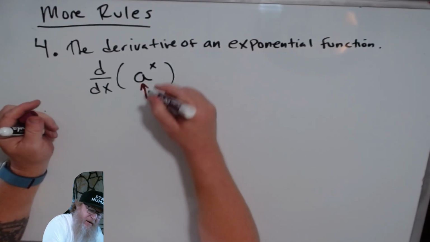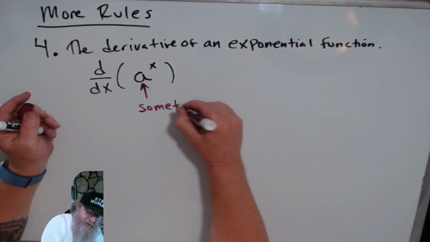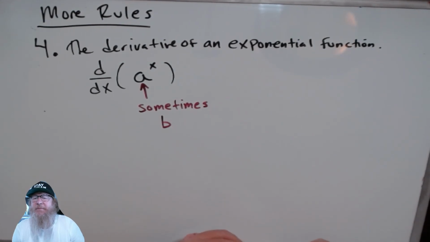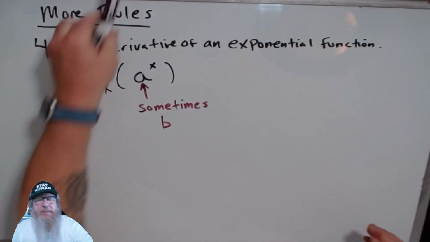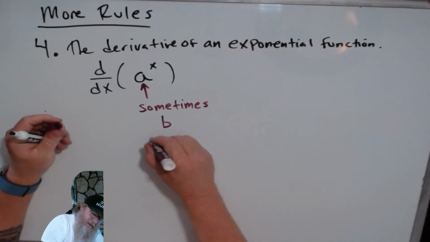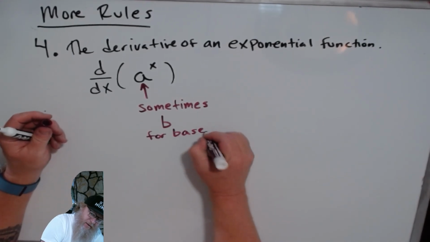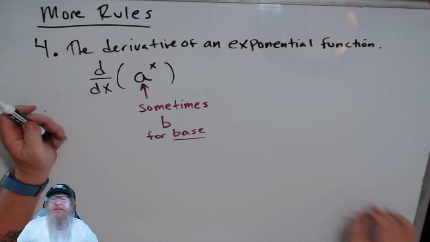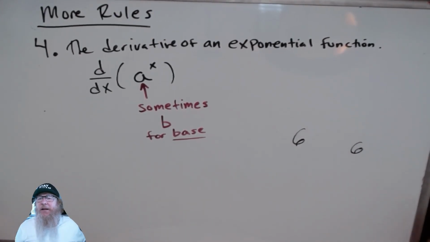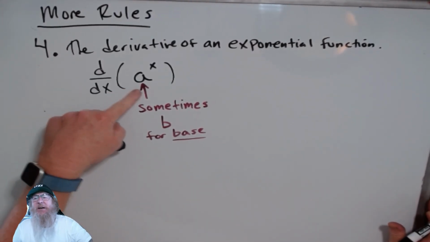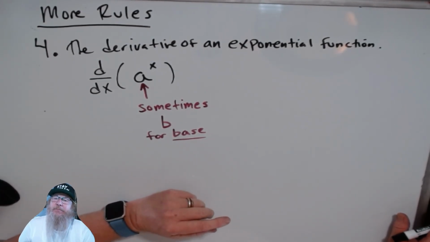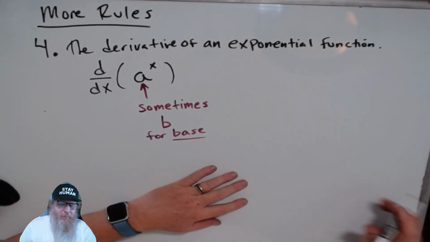And I really want you to be familiar with the different notations because that's 50% of mathematics, just knowing how to read the symbols. And sometimes we use B for base. I'm consistently inconsistent. I like B, but then sometimes B starts to look like a 6, especially when I'm writing it very quickly. And so I like A because it's very easy to tell that that's not a number, right? It's a base. Although, when I actually do an example, it will be a number.